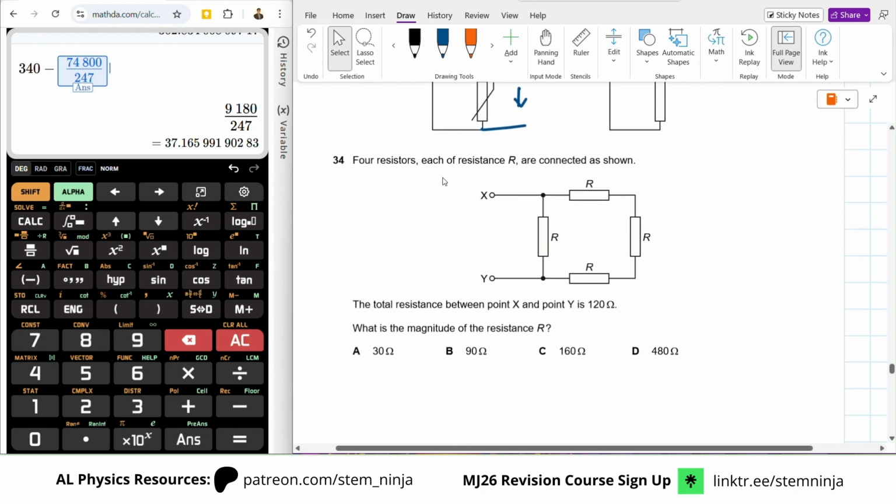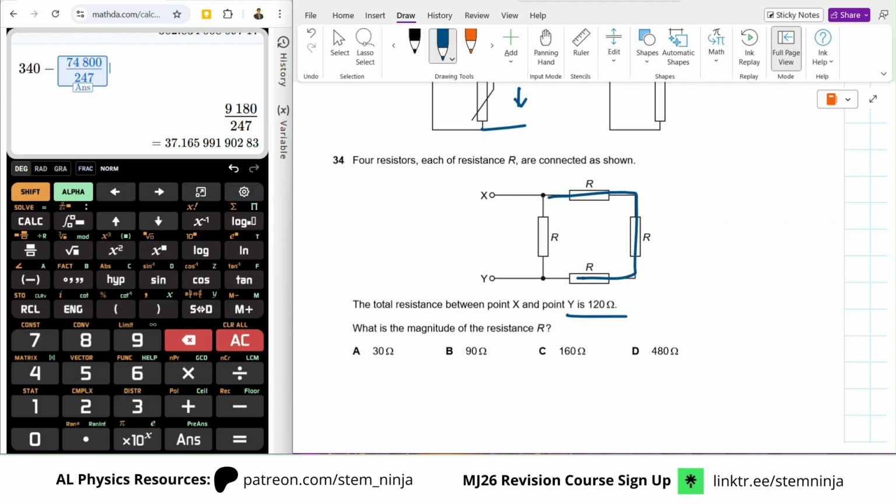Four resistors, each of resistance R, are connected as shown. The total resistance between point X and point Y is 120. What is the magnitude of resistance R? Okay, so remember from this path, you have 3R resistance. So 1 over effective resistance is going to be 1 over R plus 1 over 3R, so this would be 3 over 3R plus 1 over 3R, so 4 over 3R.